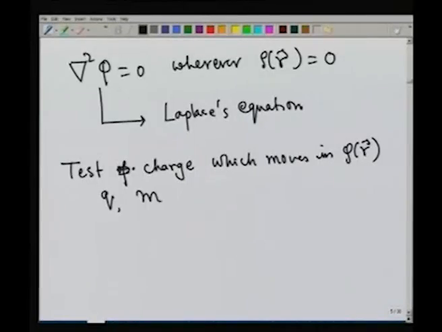So let us say the charge is Q and it is carrying a mass m, and what does Lorentz force tell us? Lorentz force tells us that m d squared r by dt squared is equal to Q into E at the location of the charge. And this electric field, of course, originates from this potential phi.